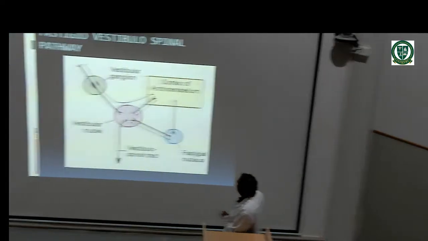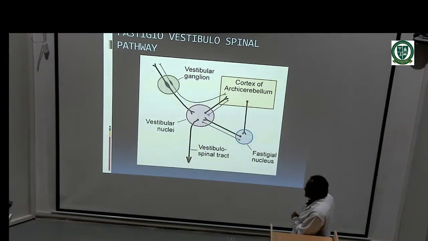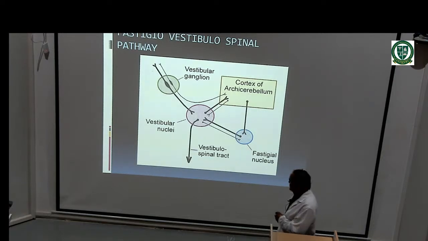In this diagram you can see the fastigial nucleus of the cerebellum. From here they go to the vestibular nuclei, and from there they start again and end in the spinal cord through the vestibulospinal tract.